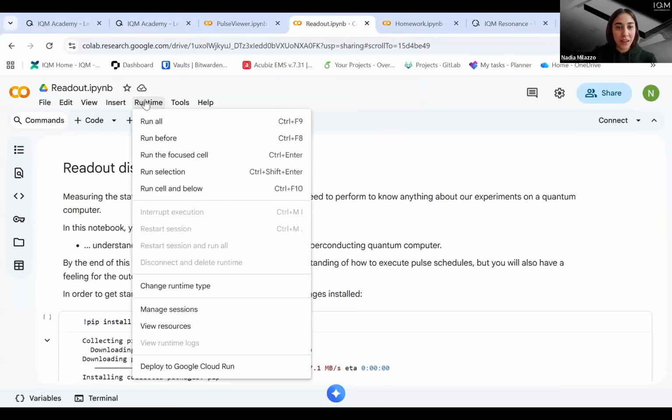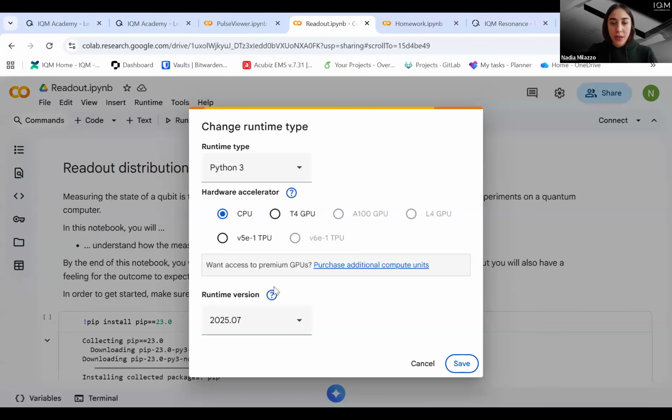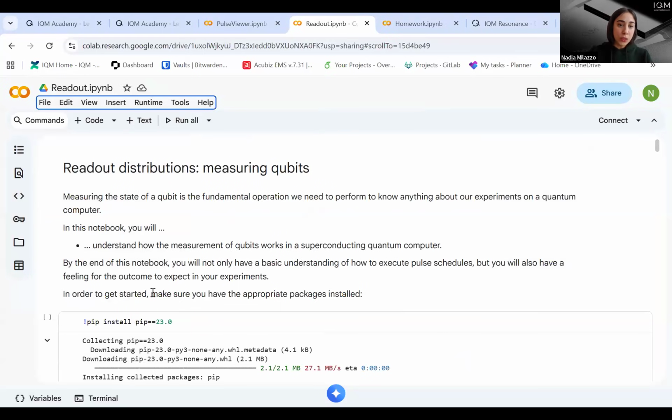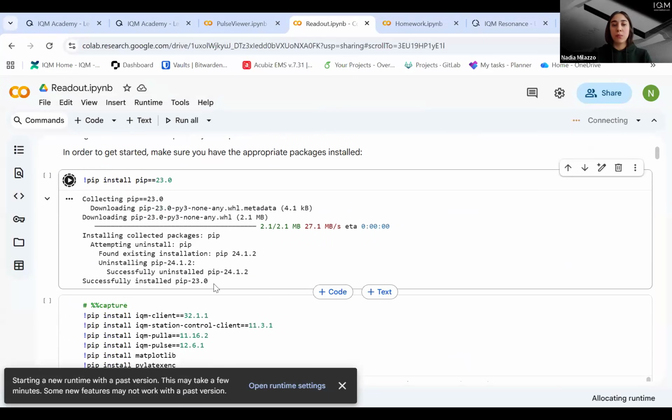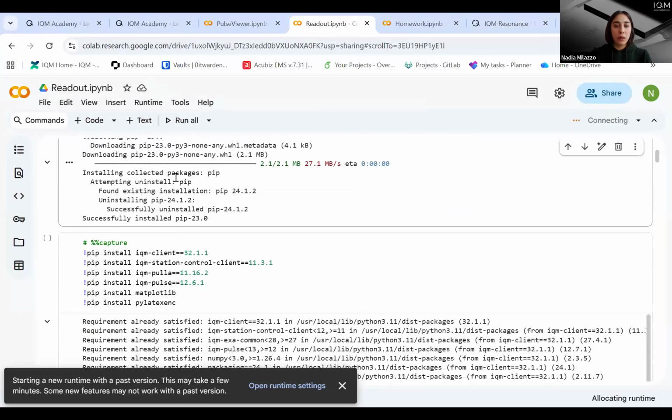So let's, oh yes, sorry, I forgot to ask for the link in the chat, but I'm sure that you have it. Let me check. Yes, we are in the correct runtime type. That is good. And we have the same commands as before.